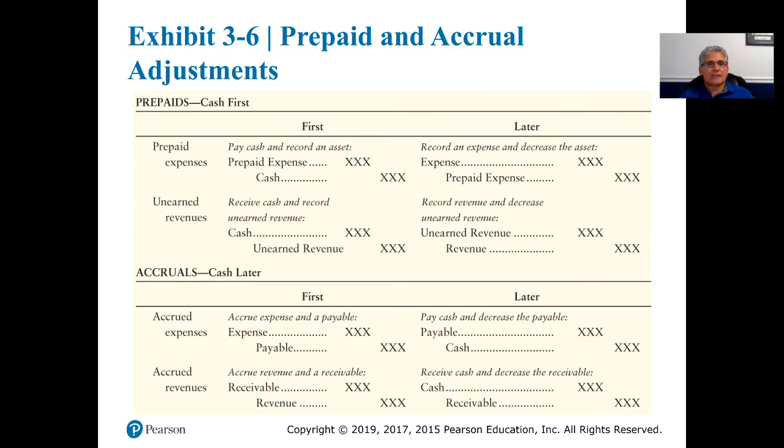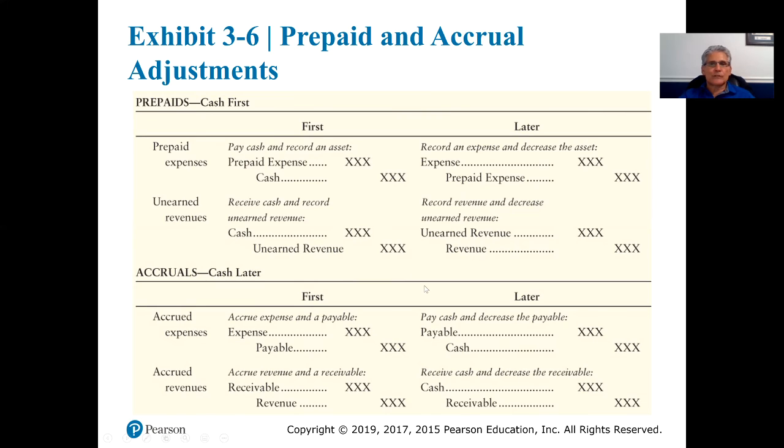So timing is everything. Same with unearned revenues. We receive the cash, but it's not revenue until ultimately, after it's all said and done, the money's going to sit in the cash account, and eventually it will be revenues, but it's going to be revenue in the periods in which they have been earned.